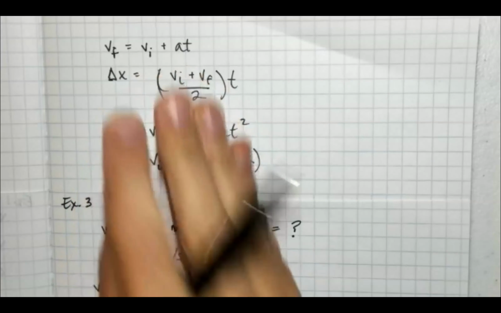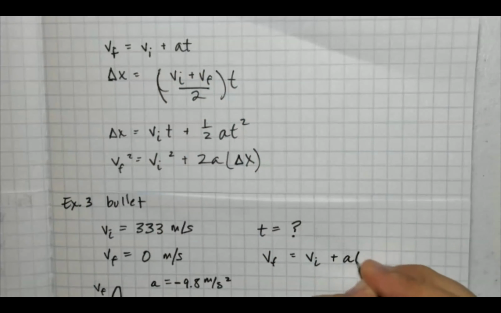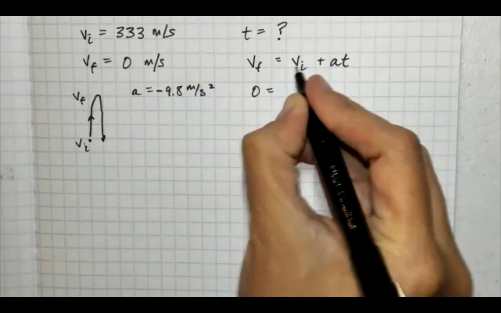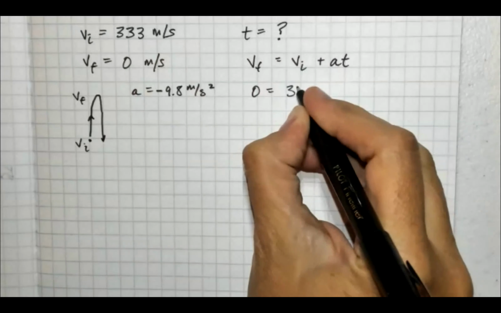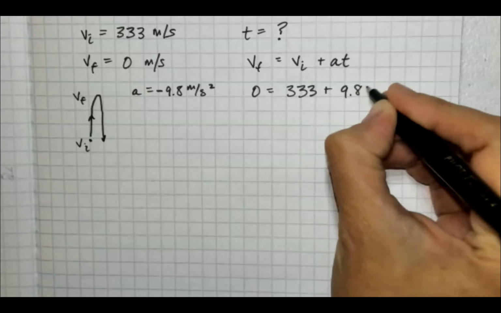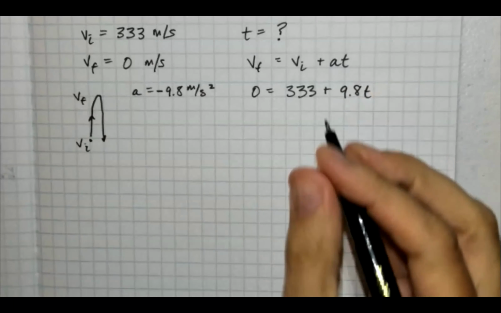So I'm going to use that one. V final is 0, and my V initial is 333. And I need to solve for T.